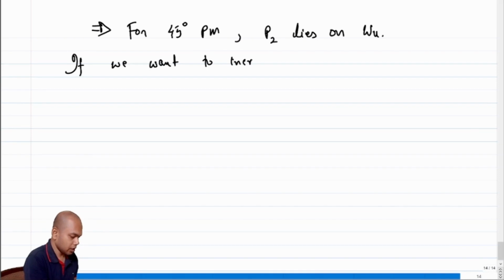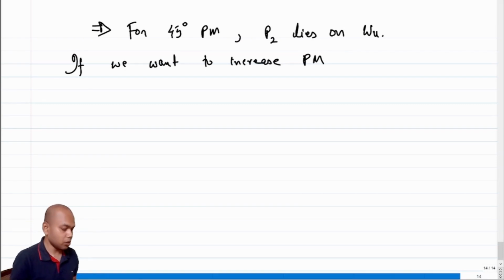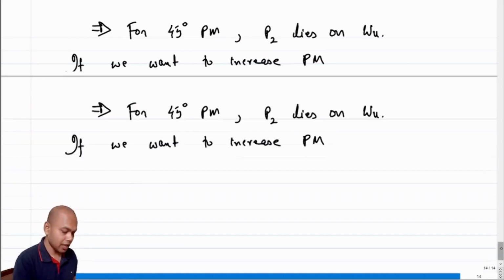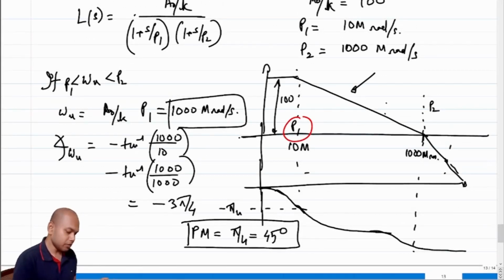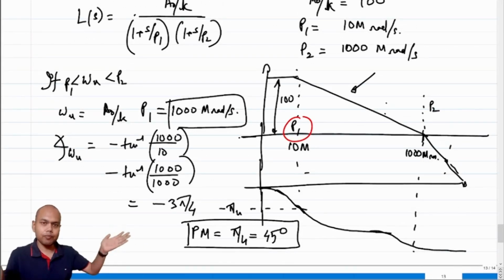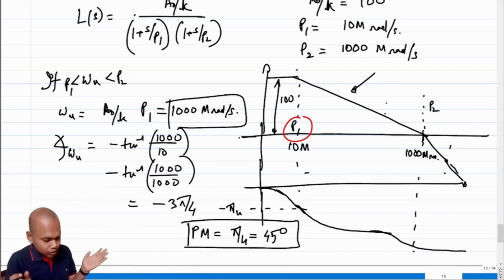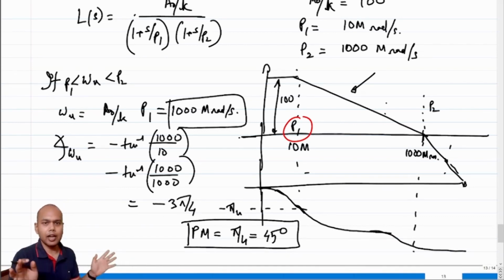If we want to increase phase margin, where should P2 go? Should it go before omega u or after omega u? Clearly P2 should move above omega u, because P2 is giving us that excess phase lag. Note that since P1 is sufficiently away from omega u, the phase lag due to P1 is saturated at minus 90 degree.